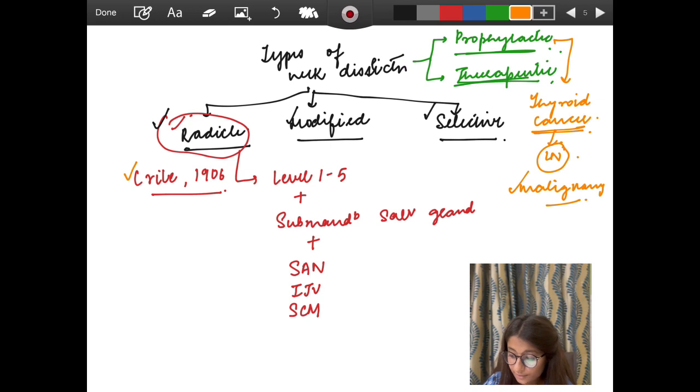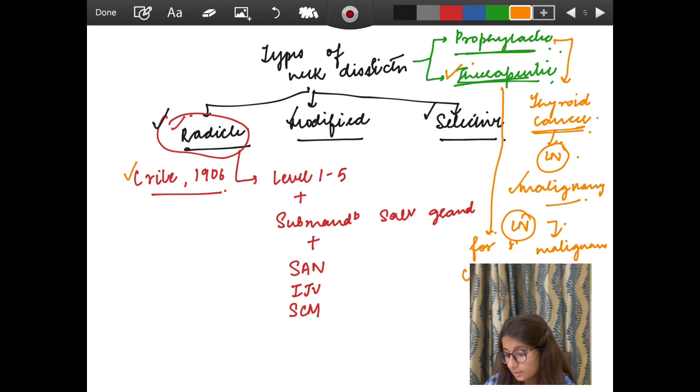Therapeutic is when lymph nodes are involved in malignancy, and these are clinically palpable and radiologically we can see the involvement of the lymph nodes.